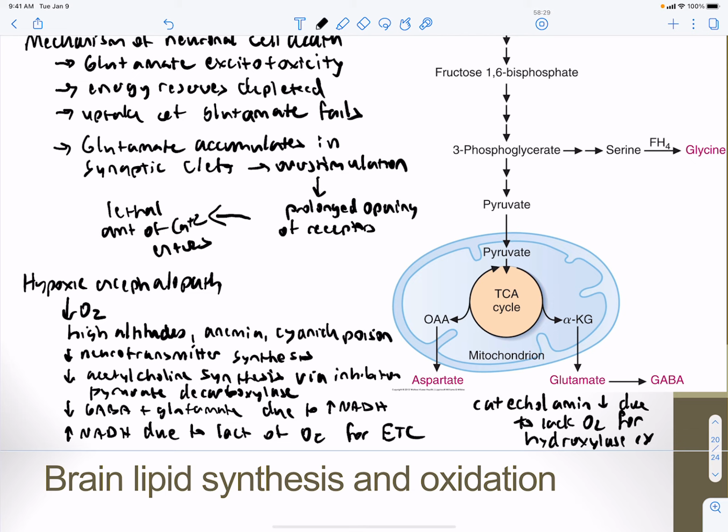Now, there's also lipids. So the brain is very unique. Your cell membrane at the presynaptic terminal is going to be rapidly changing because vesicles are going to fuse and release their contents.